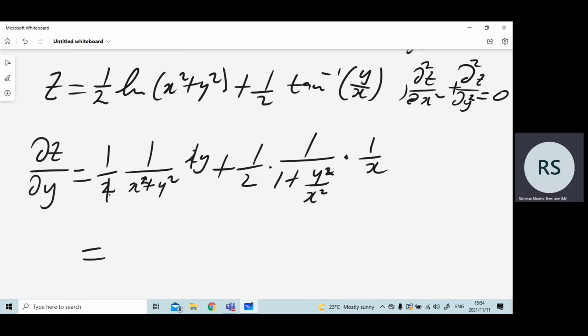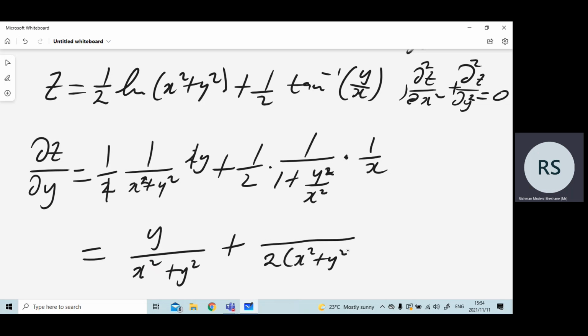Simplification next. 2 divided by 2, it will be y over x squared plus y squared, plus, now here in the denominator we have 1 plus y squared over x squared, which is x squared plus y squared over x squared, and this x squared can go to the numerator.